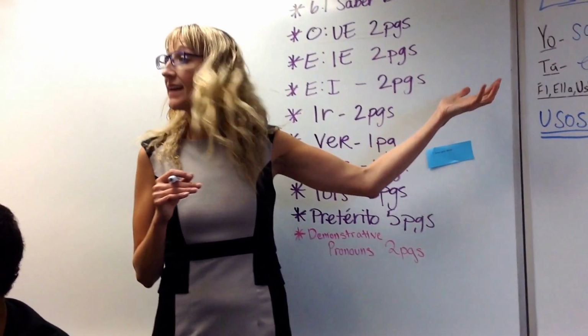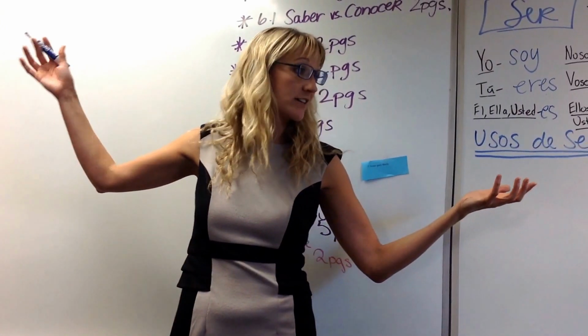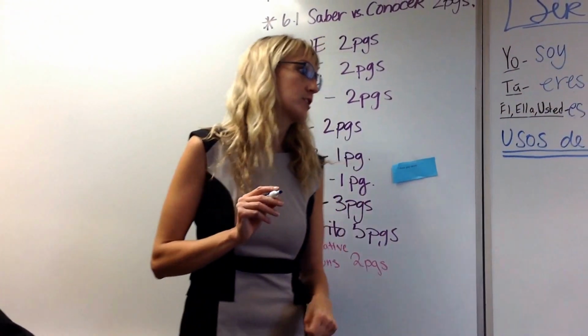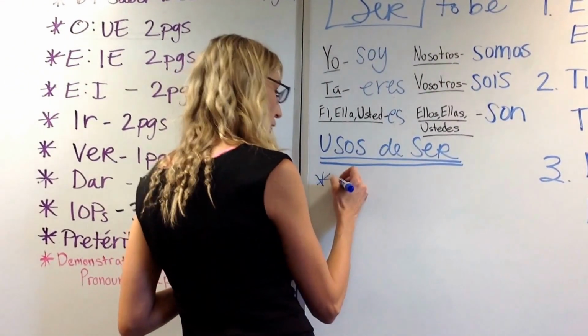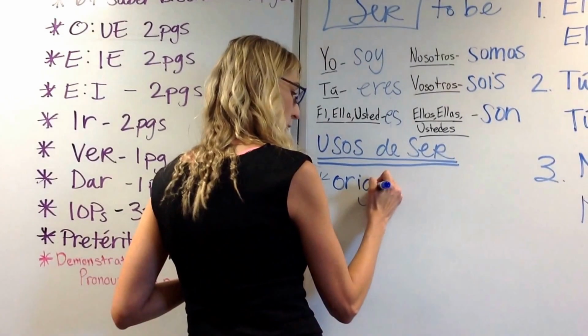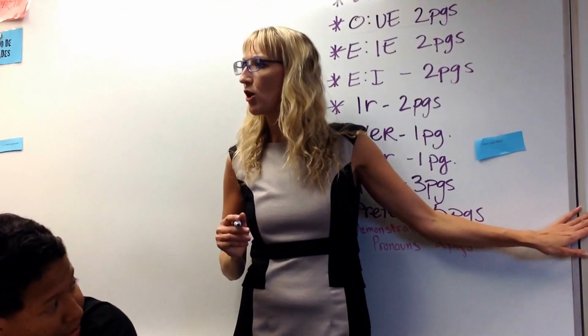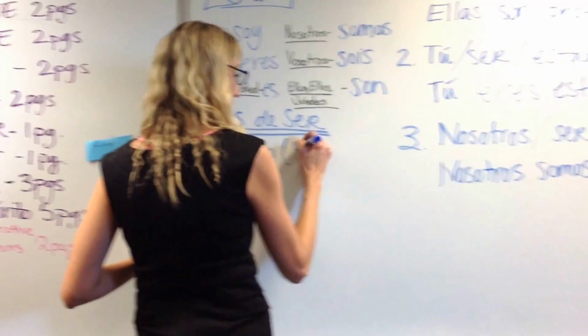Okay, a more permanent characteristic is going to be ser, whereas estar is more temporary, right? Ser, and the example you gave was your origin. Absolutely correct. With origen, we will always use the verb ser. Origen is your origin. If you want to write that down, where you're from, you could put that down.